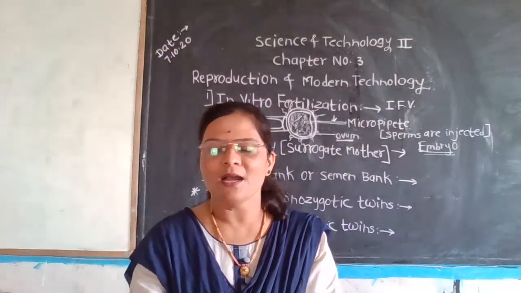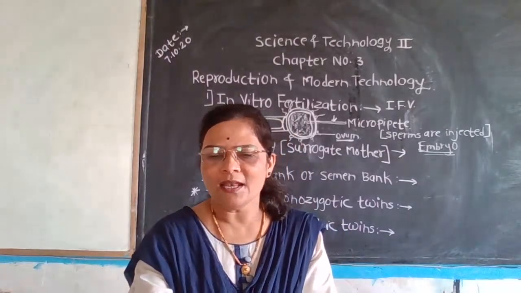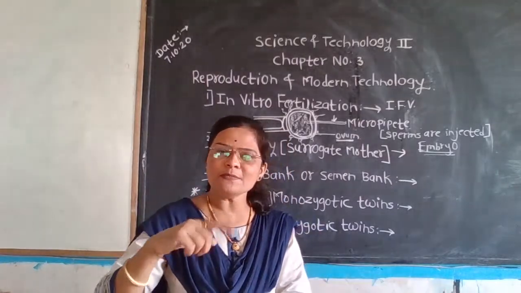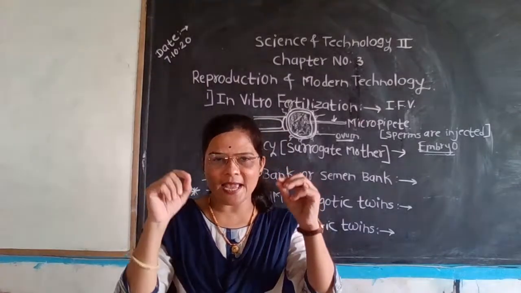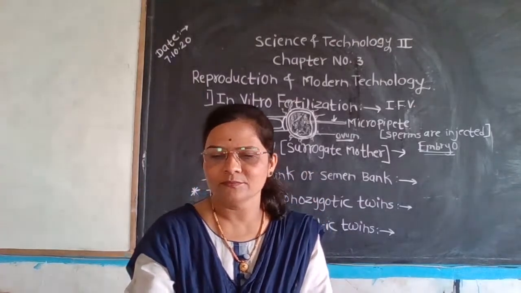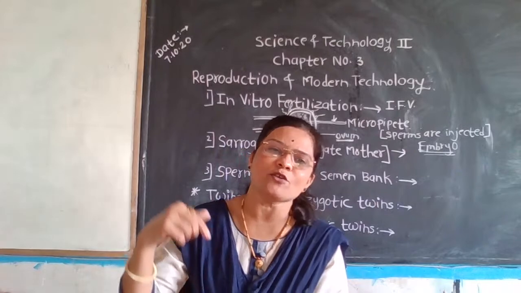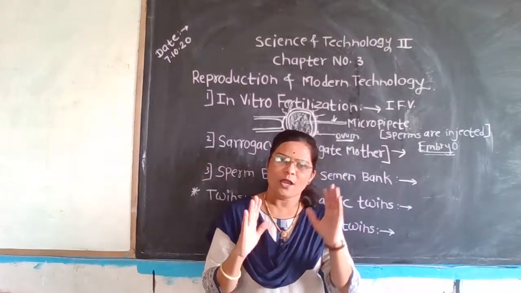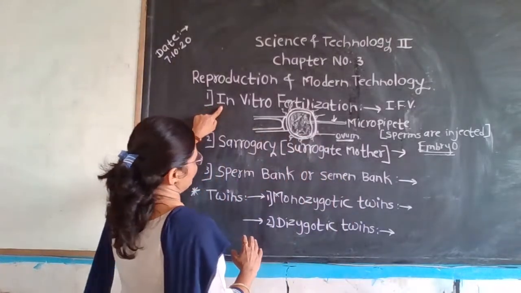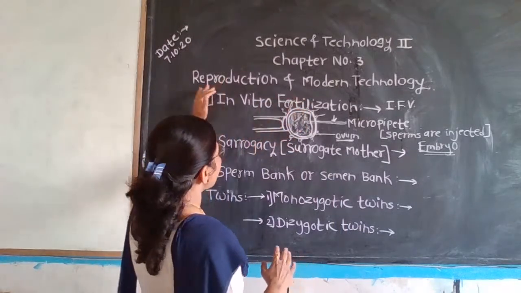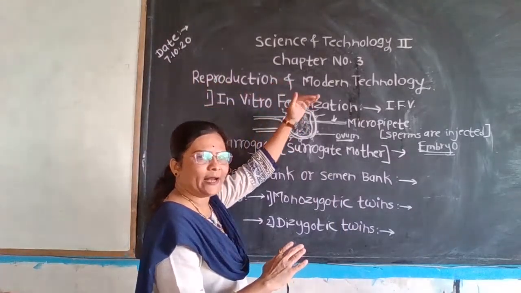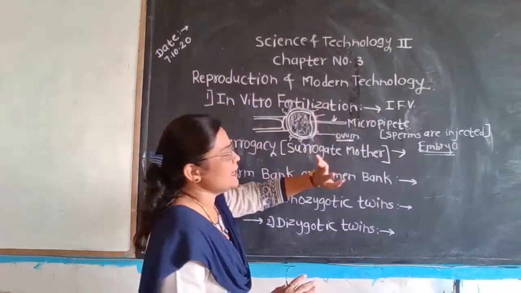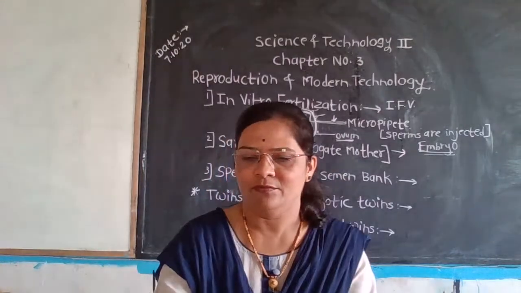The childless couple who have problems like less sperm count in some males, the sperms are less, that we call less sperm count, and obstacles in the oviduct in case of females. At that time also in vitro fertilization is used. In vitro fertilization, the first advanced medical modern technology about reproduction, we call IVF.